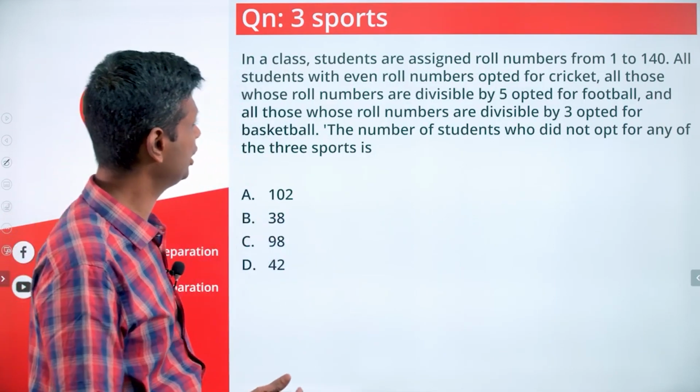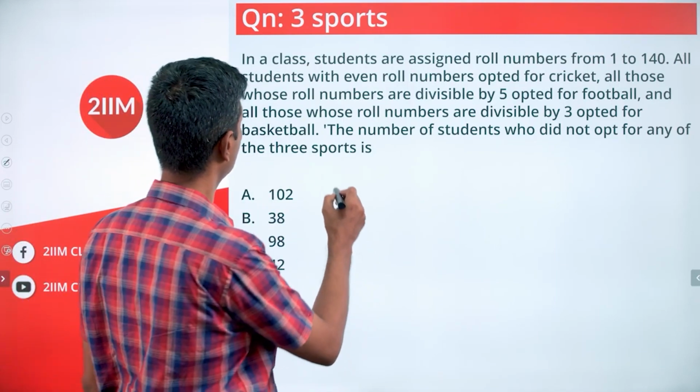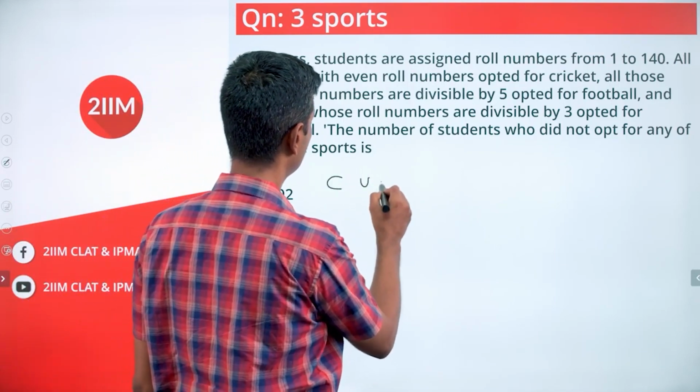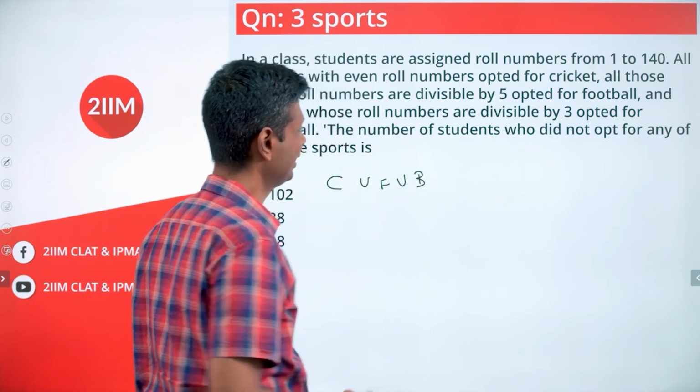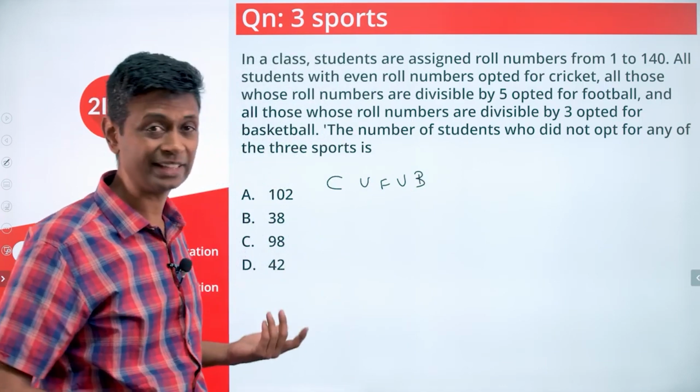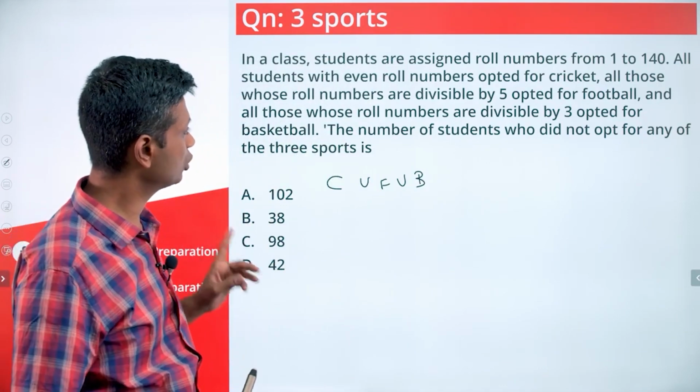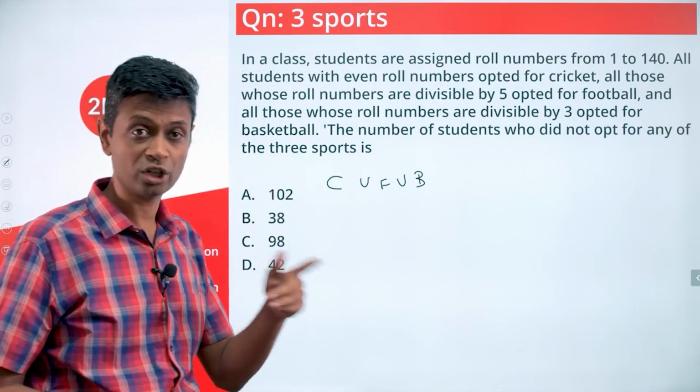We know A union B union C. So here we can find out cricket union football union basketball. Once we find this, 140 minus this is the answer we are looking for. And we want to find the number of students who did not opt for any of the three sports.